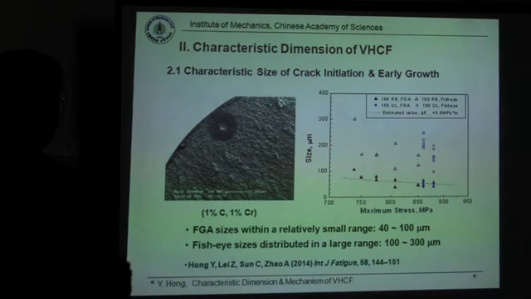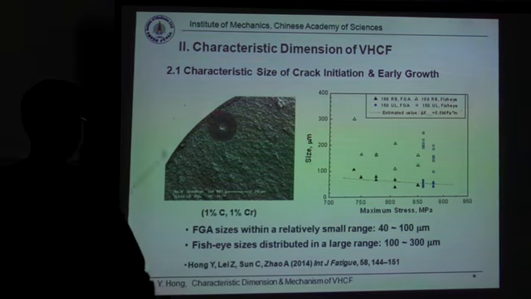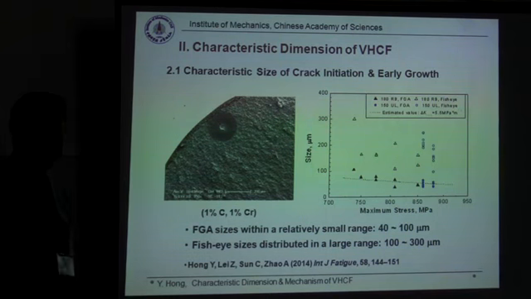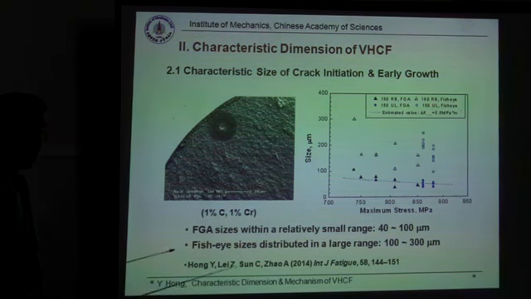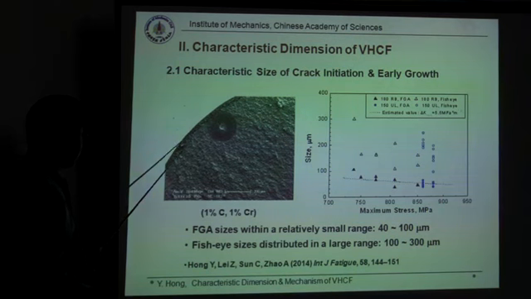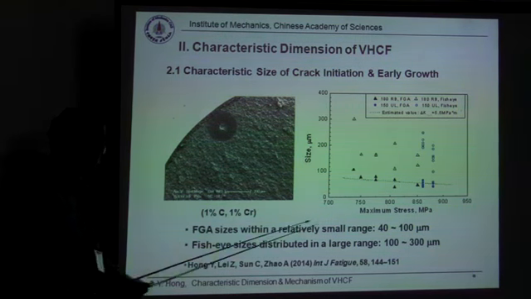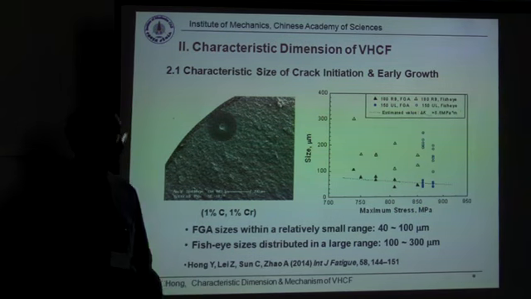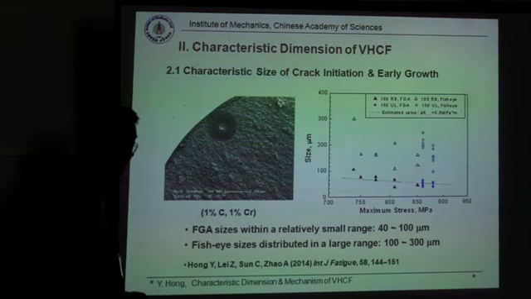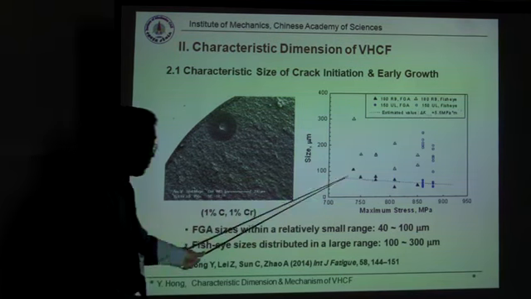Okay, now the first question is the characteristic dimension for crack initiation. And we measure this type of morphology, and we show the range of FGA is between 40 and 100 microns. It's quite stable.